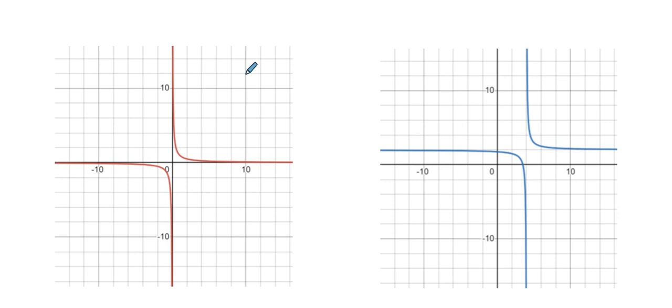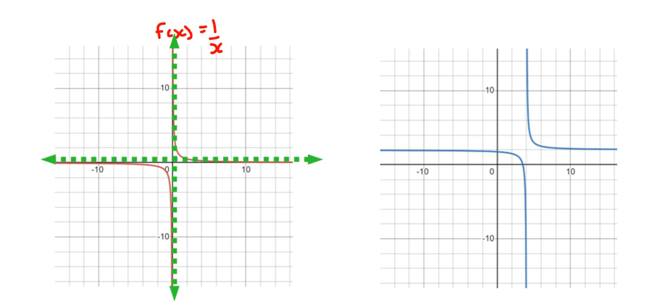So here are the two graphs. This first one here on the left is our f at x function, which was just the reciprocal function. If we look at this, we could quickly plot the asymptotes. I have an asymptote that runs right along the y-axis, and I have an asymptote that runs right along the x-axis.